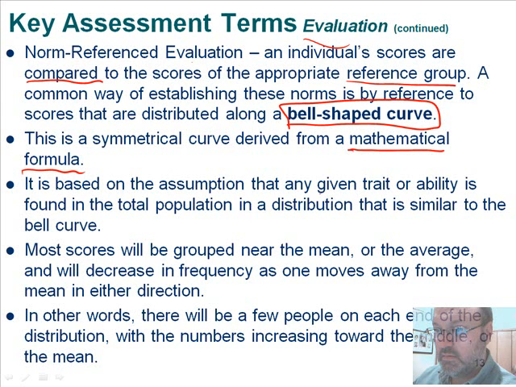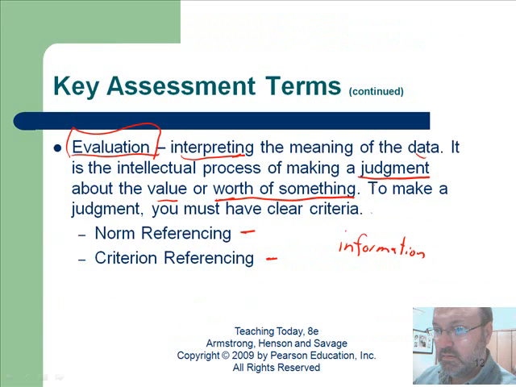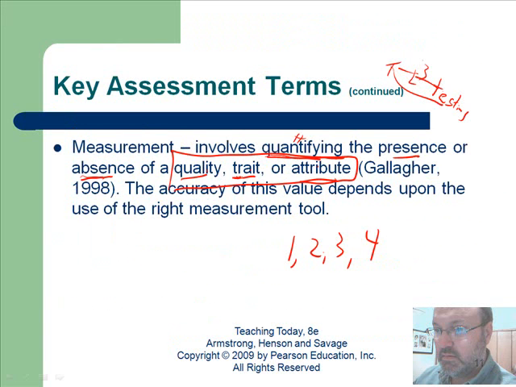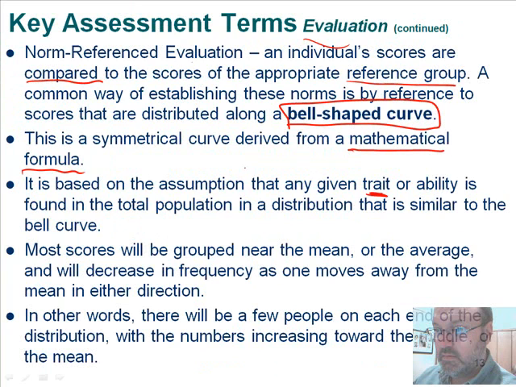It's based on the assumption that any given trait, and here's trait again, a trait is something we've measured, that you've taught. Any given trait or ability is found in the total population in a distribution that is similar to the bell curve. So in other words, if you are able to teach this trait or ability or characteristic, there are other people that have also been taught that.